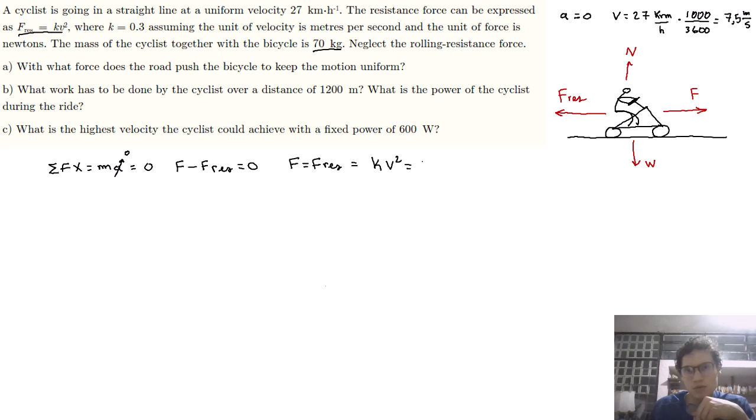And we replace those numbers. We have 0.3 times velocity squared, 7.5 meters per second squared. And in the problem it should say that the unit of this k is kilograms per meter, because the result here will be newtons, and we need this to be newtons because it's a force.